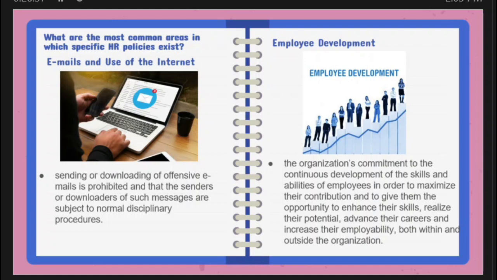The policy could also express the belief that age should not be a barrier to learning opportunities from which everyone can benefit irrespective of how old they are.